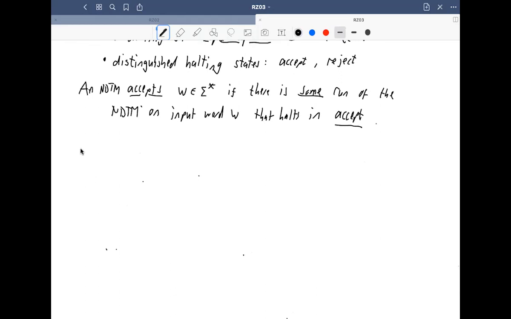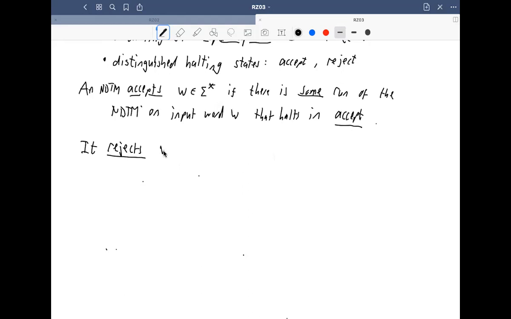And it rejects, or rather not similarly, but we want every word to either be accepted or rejected. So to reject a word, we need to require that there is no run that accepts, but we want to always get some answer out from our runs. So in other words, we're going to require that every run of the Turing machine on the word rejects it.